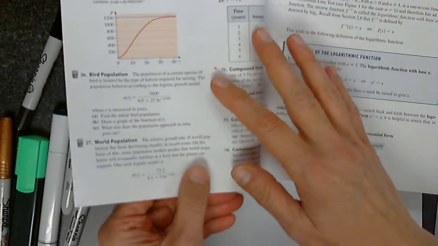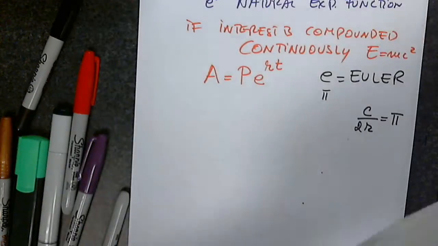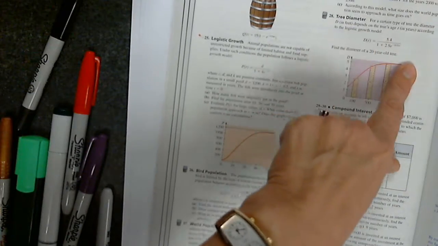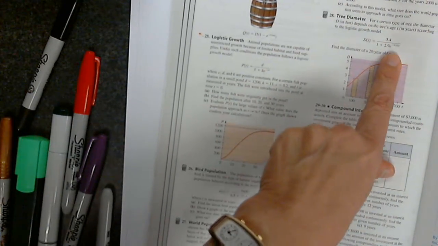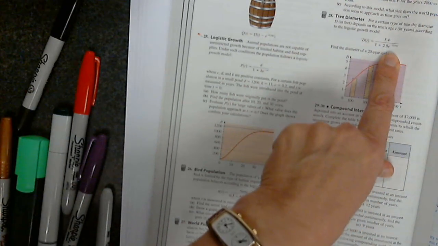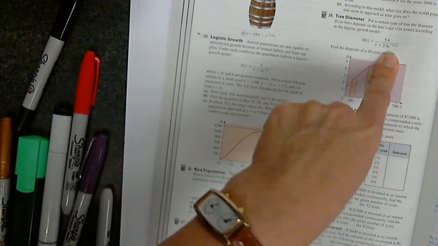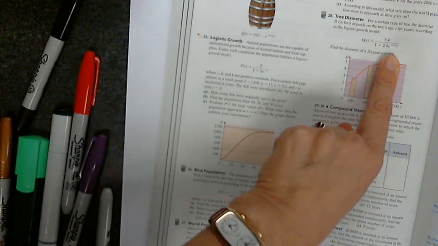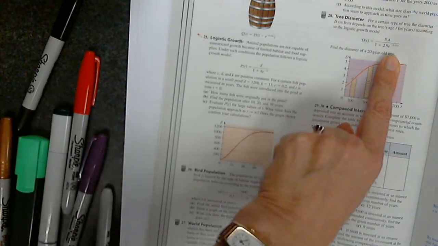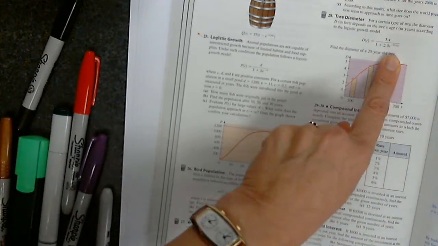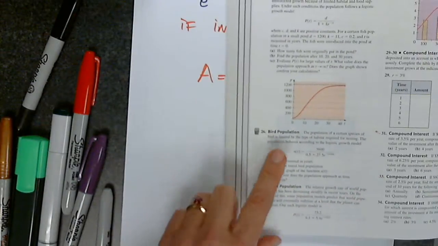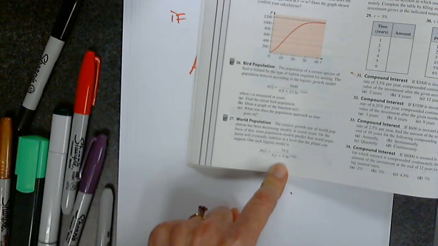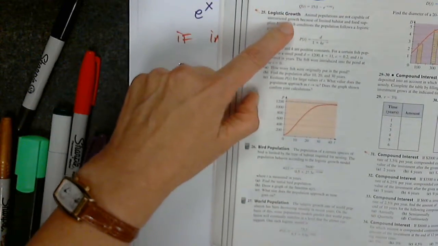All these are on page 313. We can look at anything you want. The tree diameter: they calculate the tree diameter with an exponential function. Page 314, problem 28. Look at the bird population, the world population, logistic growth models.